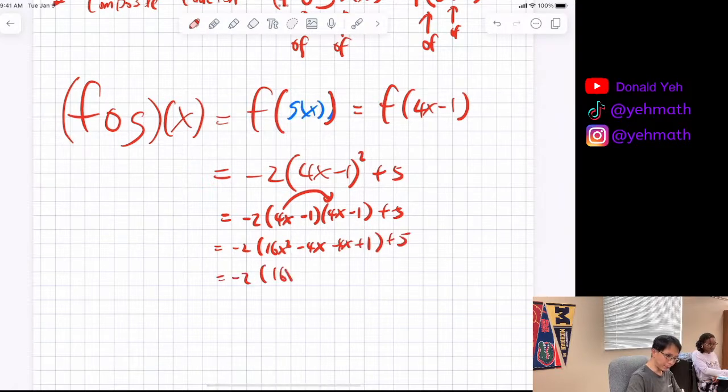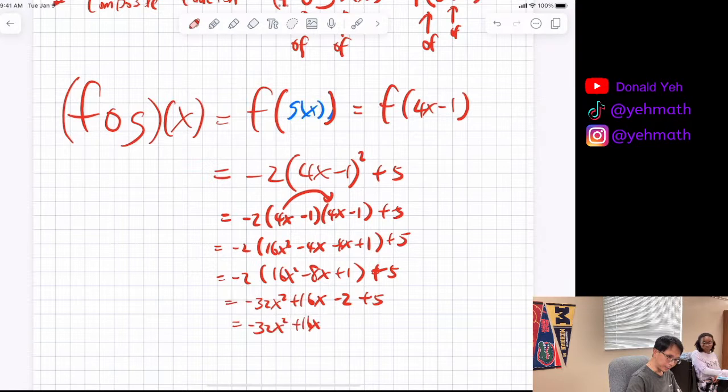I'll just write it out, because that's negative 32x squared plus 16x minus 2 plus 5. And for me, it's not about who wins the race. It's about who gets the right answer. So this is f of g of x.